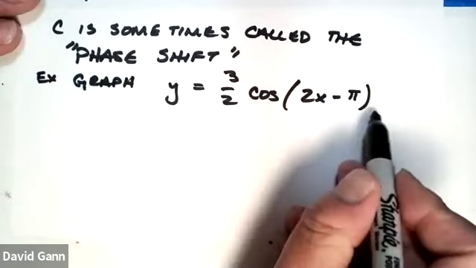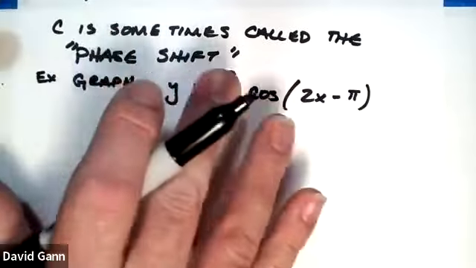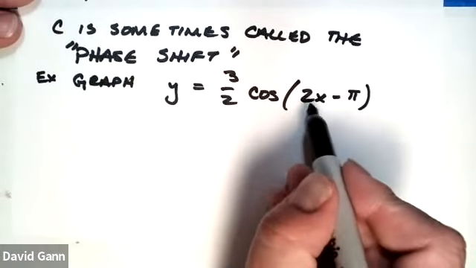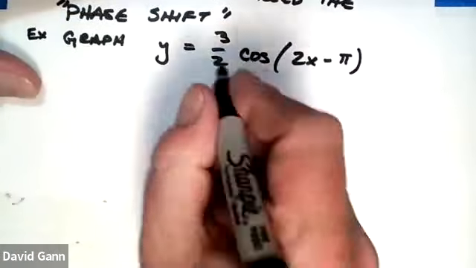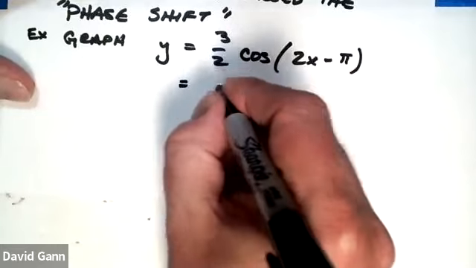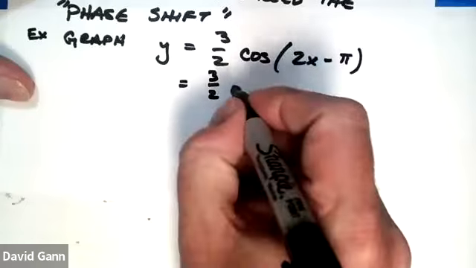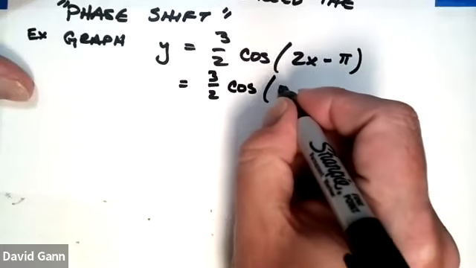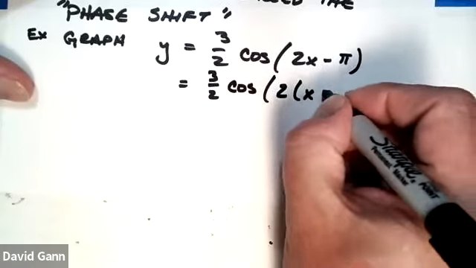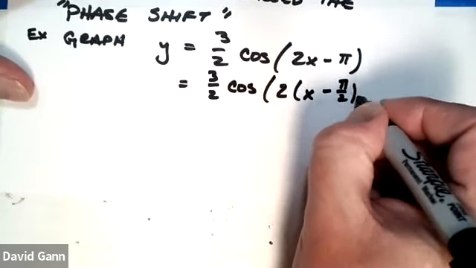Anytime you see a b, it's going to do this to you almost every time in the textbook. You have to factor out this b value. So the first thing I do when I see something like this is I write it in the appropriate form. I've got y is equal to 3/2 cosine of 2 times x minus pi over 2.